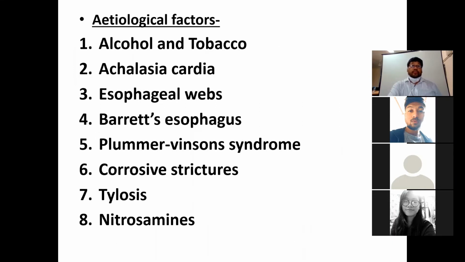So these are the etiological factors. Among them we have alcohol and tobacco, achalasia cardia, esophageal webs, Barrett's esophagus, Plummer-Vinson syndrome, corrosive strictures, tylosis, nitrosamine, and so on. These are the etiological factors responsible for causation of carcinoma esophagus.